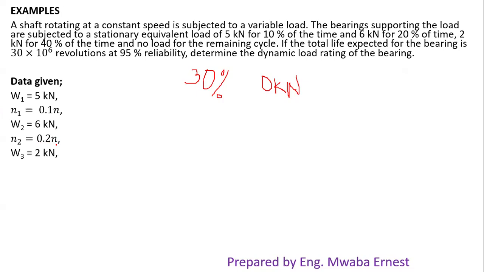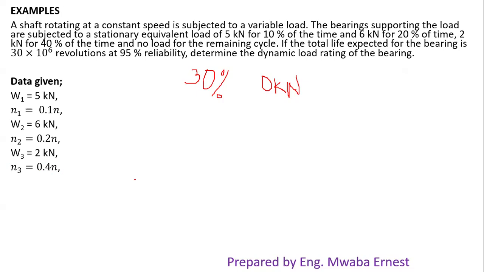How much time? It's 40%, so 40 divided by 100, which is 0.4 N. You don't need to write 0.4; for those of you enjoying mathematics, you can write it in full, 40 over 100, then put the N there. The interpretation will still be the same.